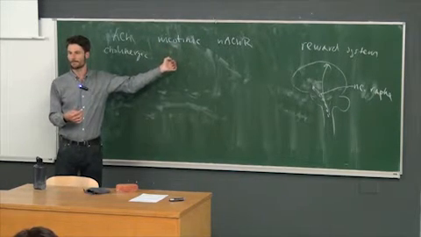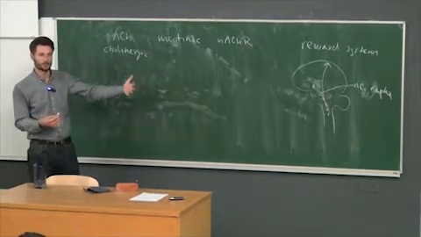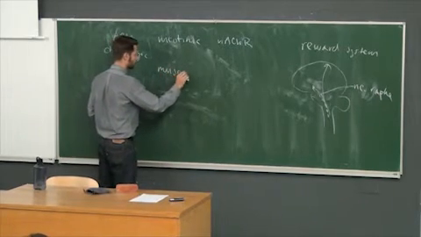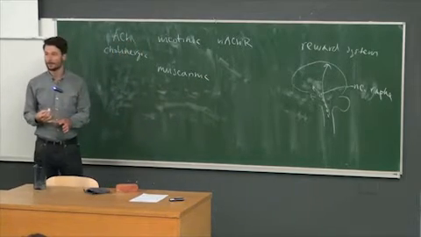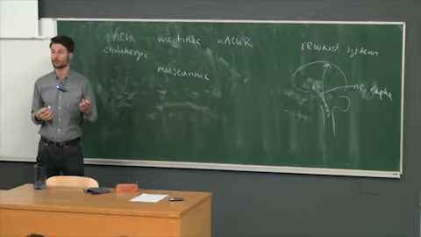The other group, the metabotropic, the G-protein coupled receptors, are called muscarinic, which is once again after the specific agonist, muscarine.